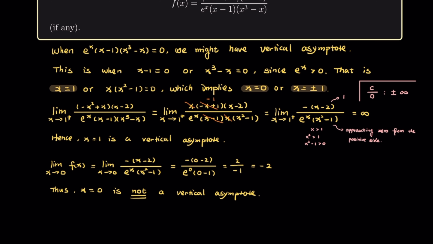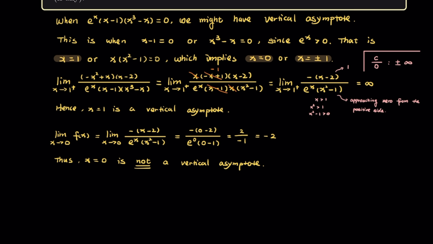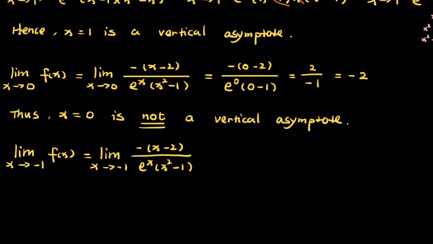And lastly, we need to check when x equals negative 1. Again, let's check the limit and go directly to the simplified version. Now let's plug in negative 1. On top you would have negative 1, minus 2, which is negative 3, so the top will be 3. And the bottom here will be 0.